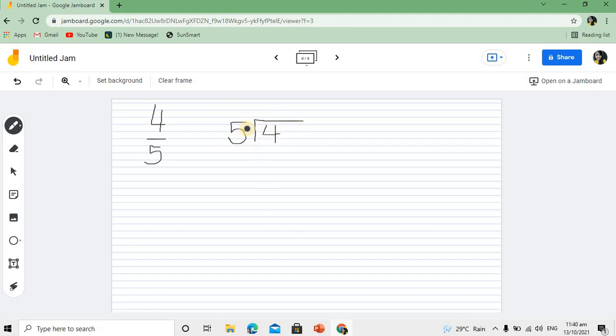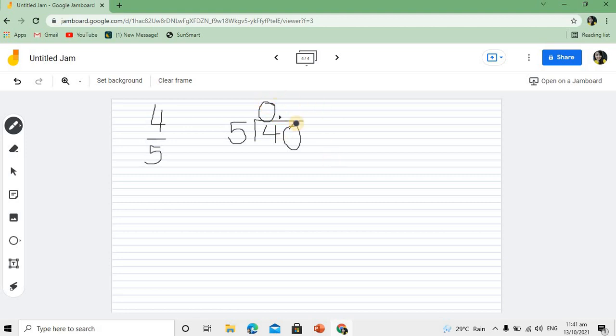Since mas maliit yung ating numerator or yung dividend natin dito, ang gagawin natin, mag-a-add tayo ng 0 sa tabi ng 4. And then, pag nag-add tayo ng 0, maglalagay din tayo ng decimal point dito sa mismong quotient natin, sa simula. So, 0 point.